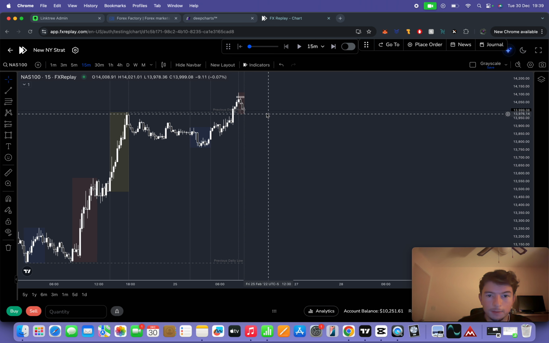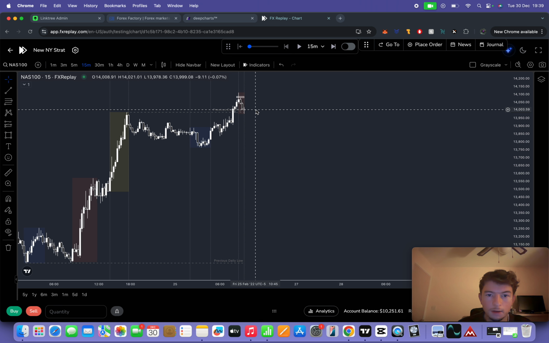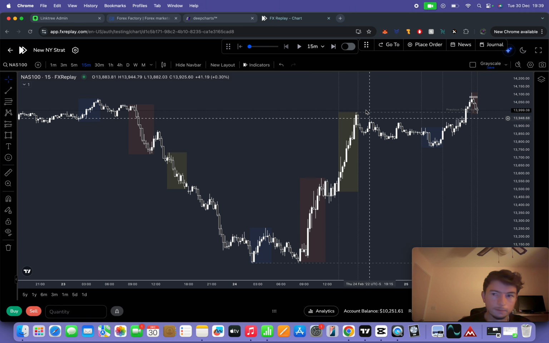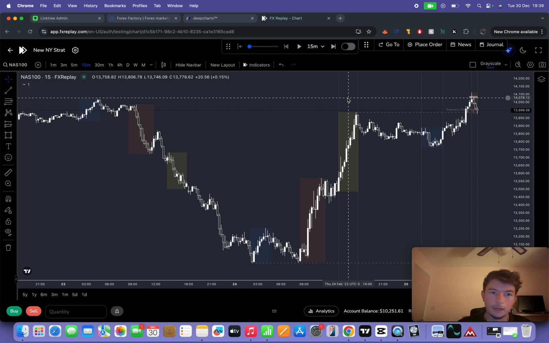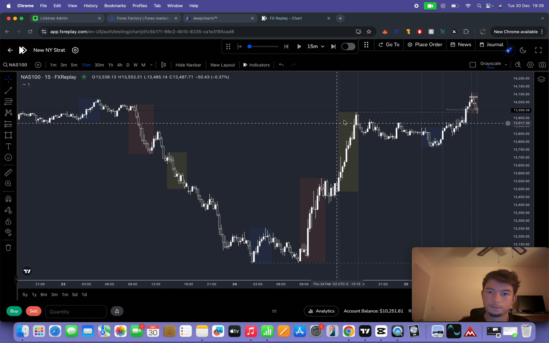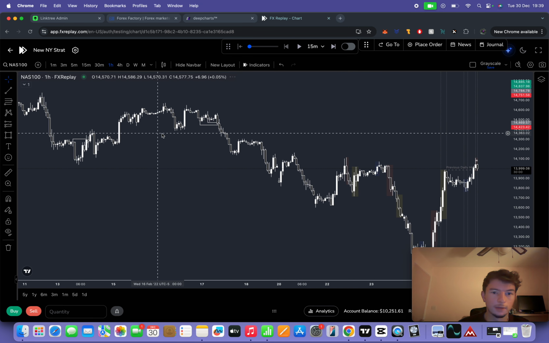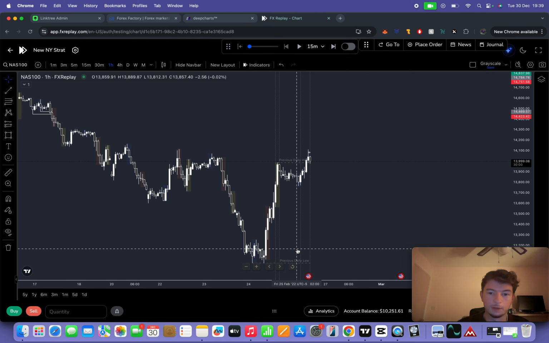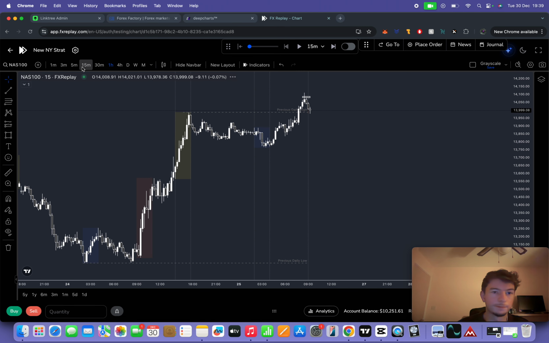And on the 15 minute we have, so that London high has been swept there. All these have been swept. Hourly is bullish, trading down into this. Don't see price coming all the way down here.